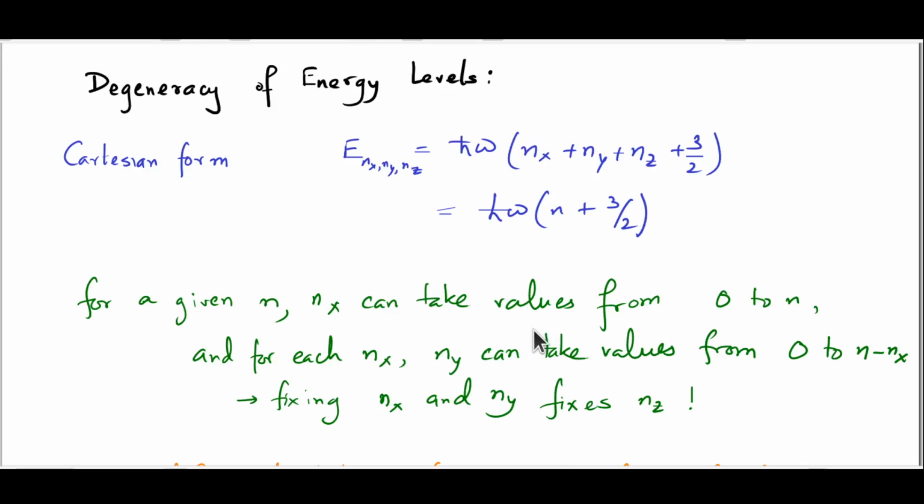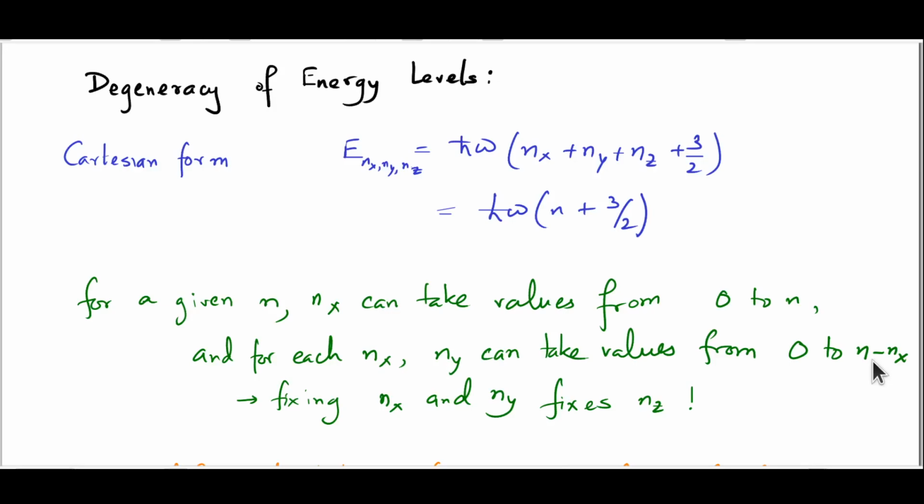It can't go beyond, because ny, nz cannot be negative. Well, for each nx, ny can take values from 0 to n minus nx, simply because ny plus nz is n minus nx, and nz again cannot be negative. Of course, once you have fixed nx and ny, nz gets fixed by that. So there is no further choice in nz.